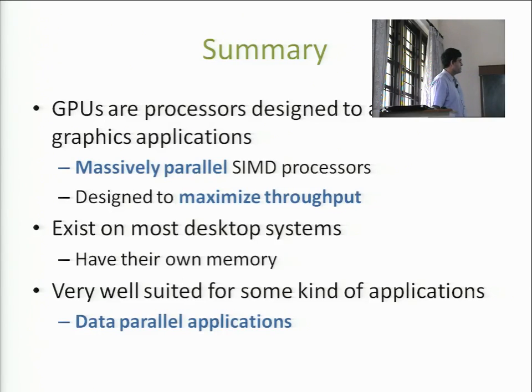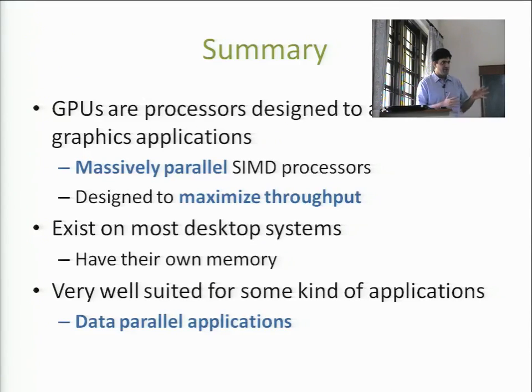Okay. So to summarize, these GPUs were originally designed to accelerate graphics applications, but then people found that they were pretty general purpose, and that they could be used to accelerate a lot of data parallel applications that are pretty common.